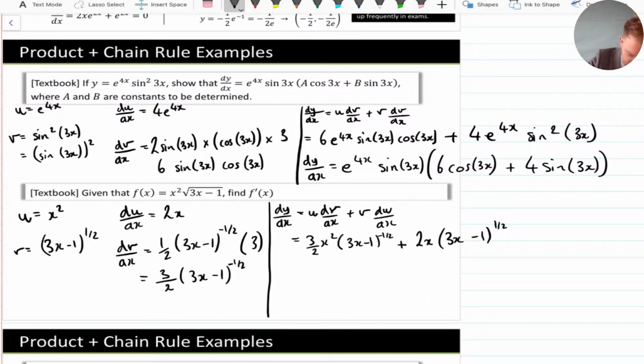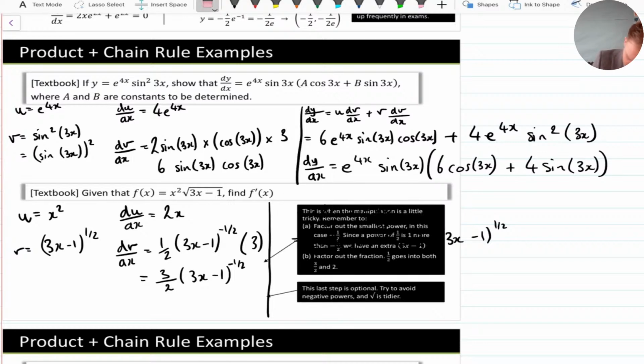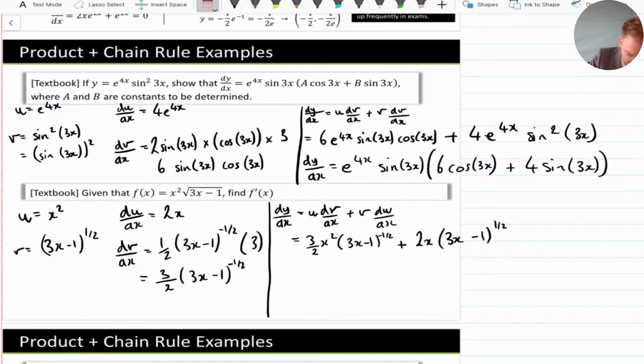I've made a tiny mistake here, because this actually isn't dy by dx, it's f dash of x, isn't it? Because we're doing it in terms of function. Brilliant. Just check that.